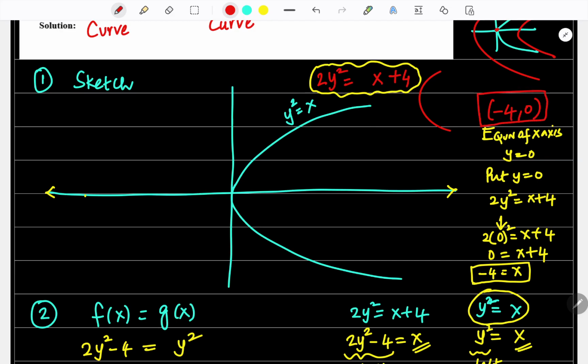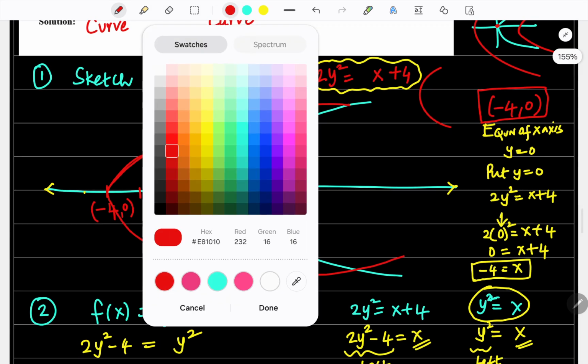So where is minus 4 comma 0? This is minus 1, minus 2, minus 3, minus 4. So this point is minus 4 comma 0. So this is the place where the parabola turns its position. Okay, right. So let's draw the parabola here and a parabola here. Okay, all of you? Right.